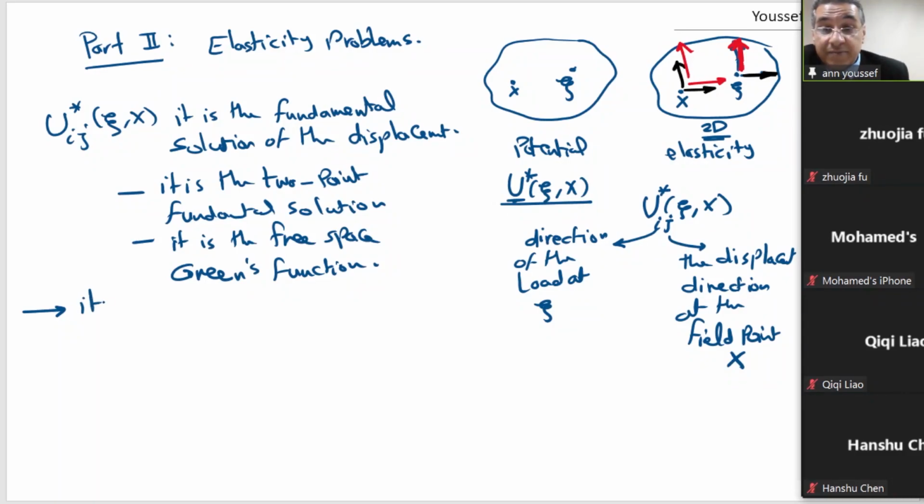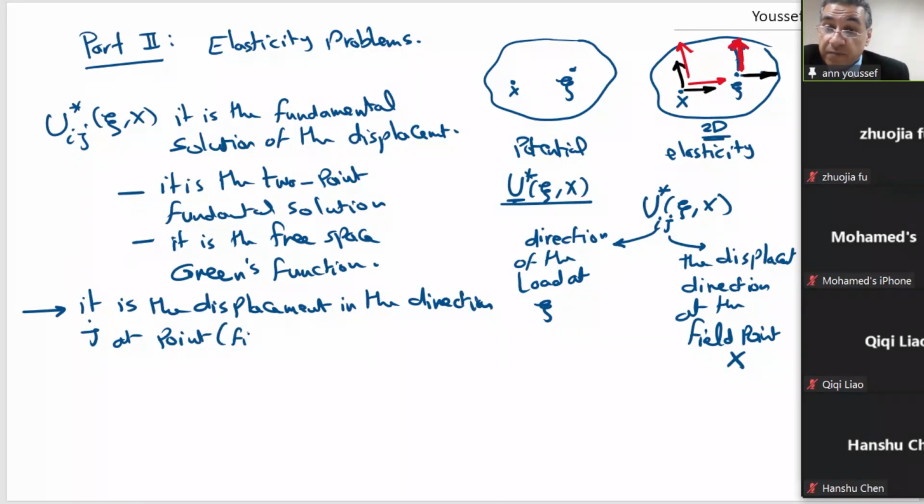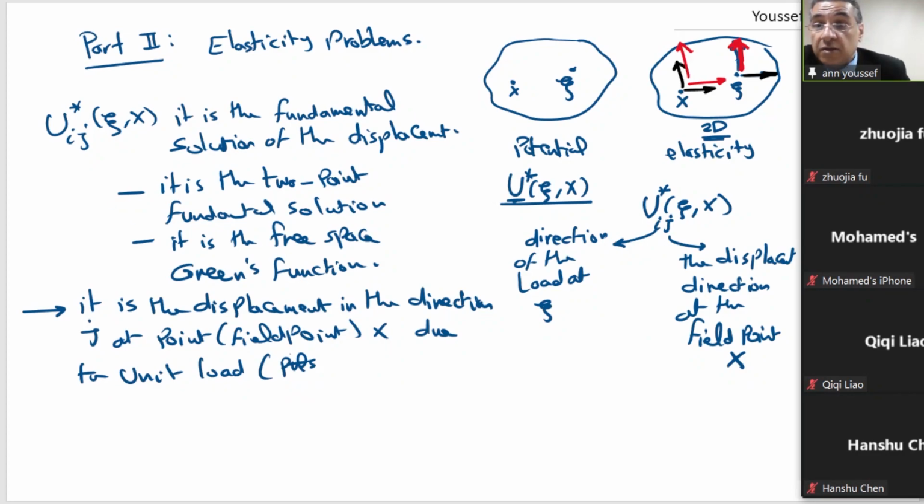It is defined also as the displacement in the direction j at the field point x due to a unit load, actually a pulse load, at the source point xi.